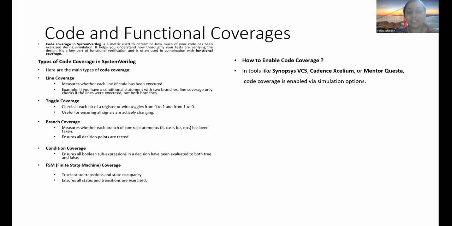Lastly, we have finite state machine coverage, which tracks state transitions and state occupancy, ensuring all states and transitions are exercised. Now, how do we enable code coverage? There are tools like Synopsys, Cadence, or Mentor Questa, which enable code coverage during the simulation process.